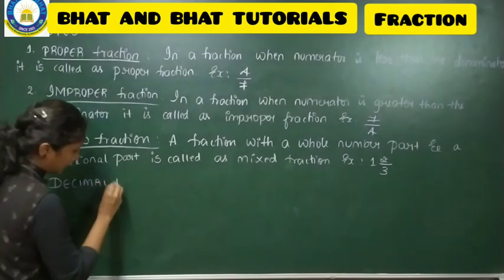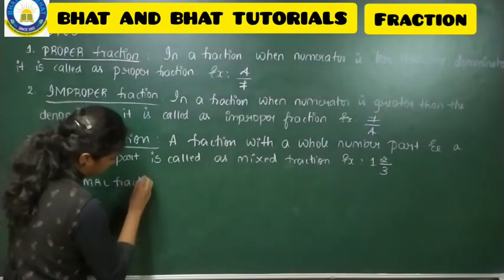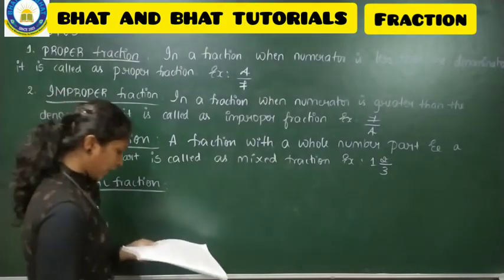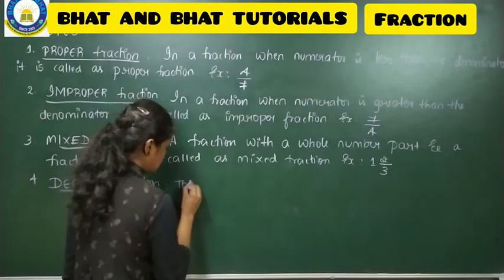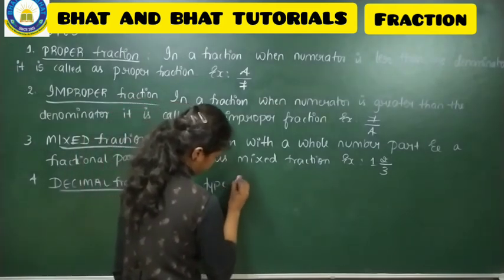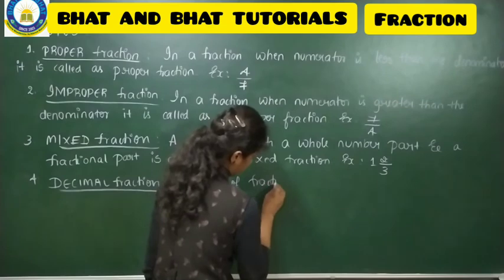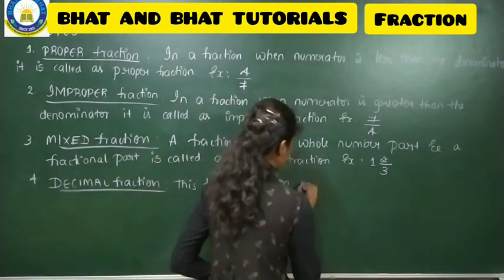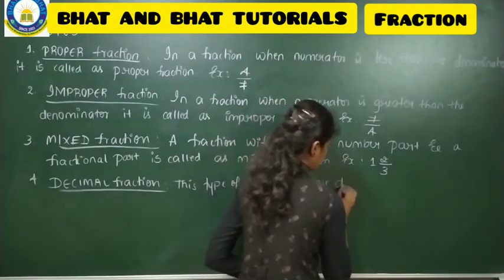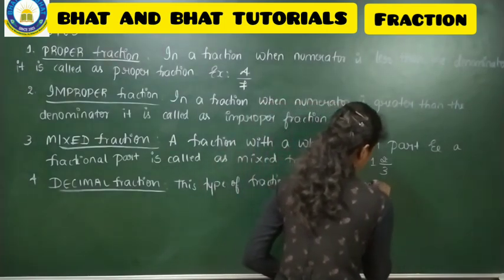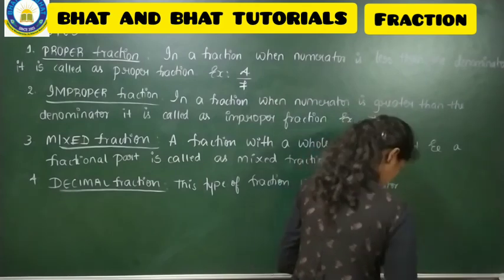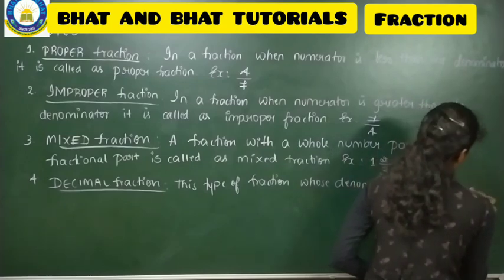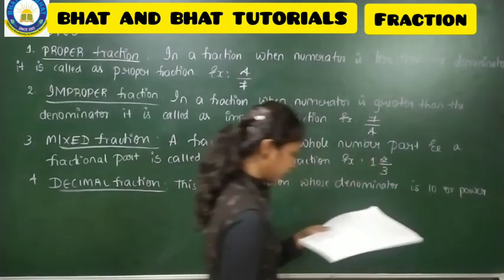And the fourth, last but not the least, is decimal fraction. So what is a decimal fraction? Below that you can start writing: a fraction whose denominator is 10 or a power of 10.